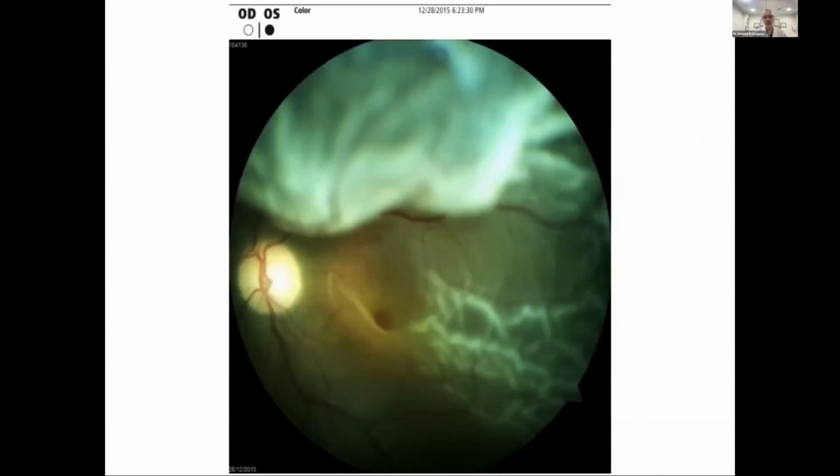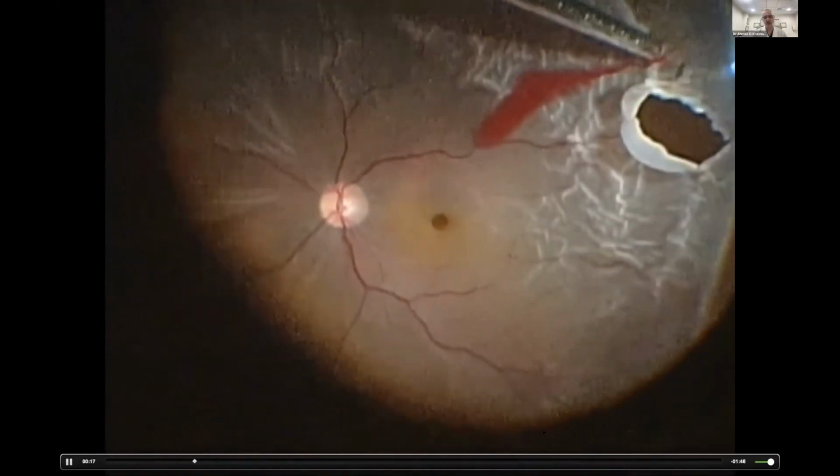This is another patient with macular, large macular hole with retinal detachment. So the plan was to do an ILM flap as well. So dealing with retinal detachment as normal.